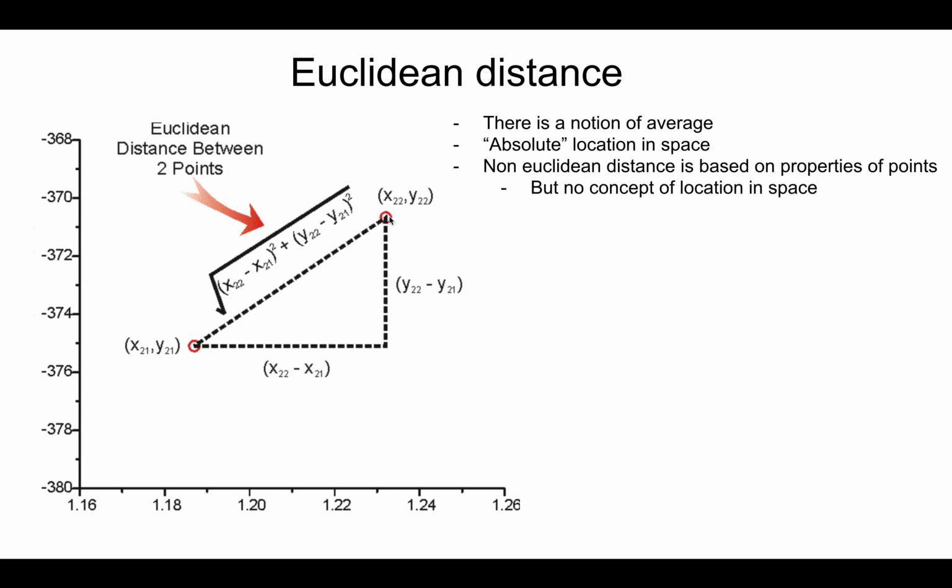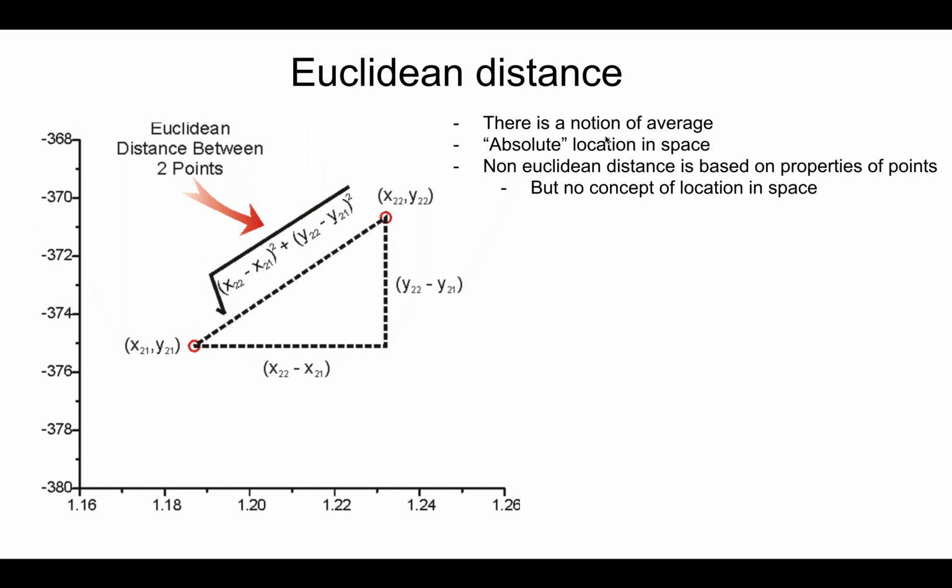I end up in a point here, x22, y22. If I start from the same location and I just go this distance instead, if I go on the diagonal like this, according to this distance here, where you take the hypotenuse and everything, I end up in the same place here. This is the Euclidean distance, and the data exist in the Euclidean space.